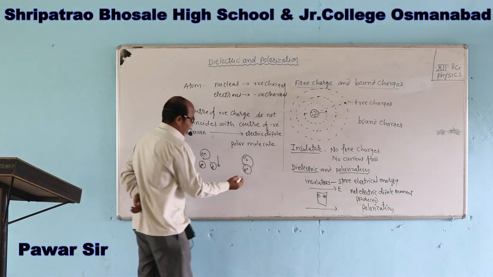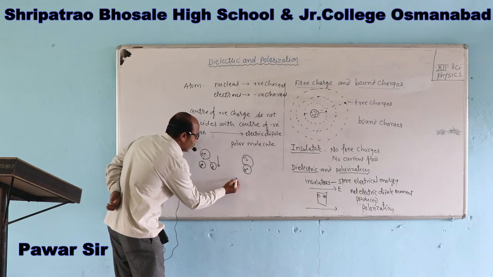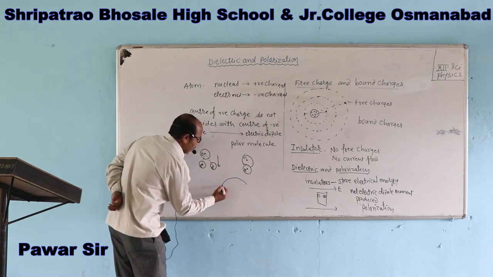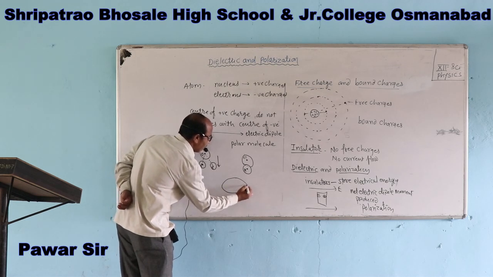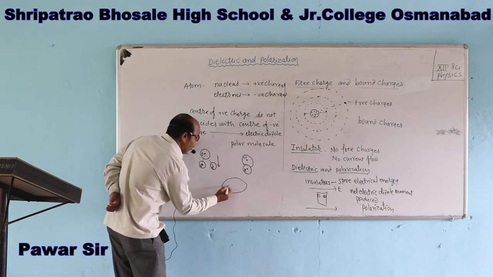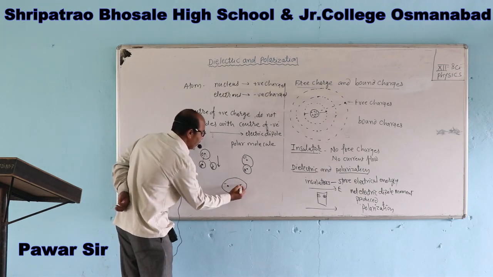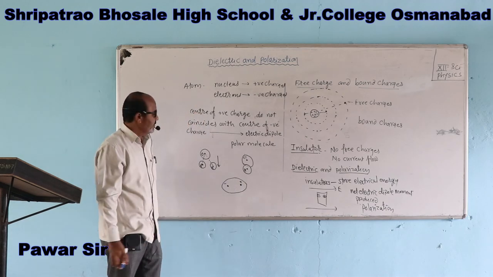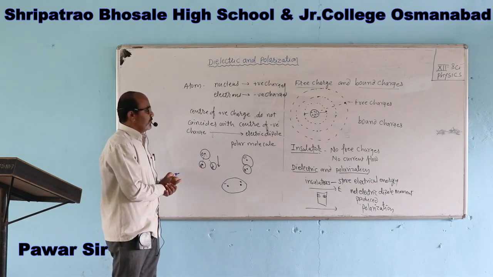We represent it like this. This is the center of negative charge, minus, and the center of positive charge, plus. They are separated by a certain distance. This is called a polar molecule.